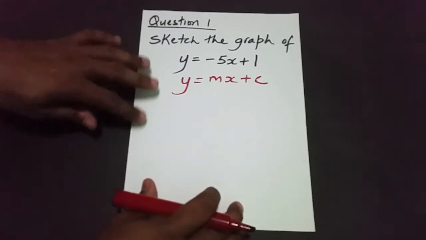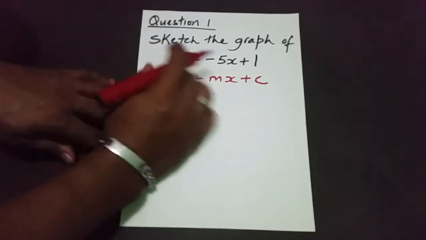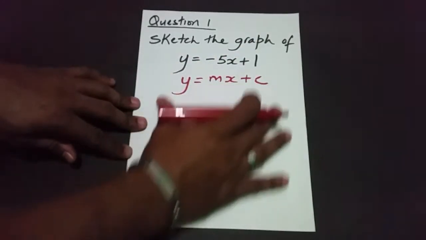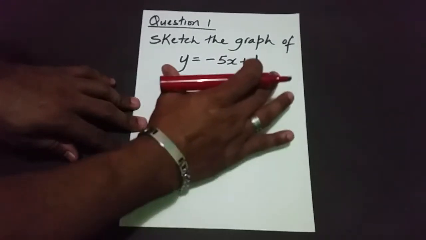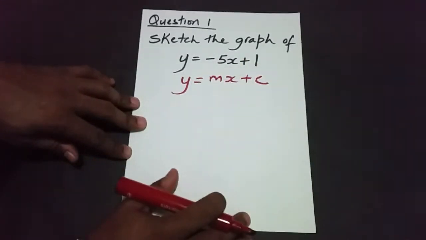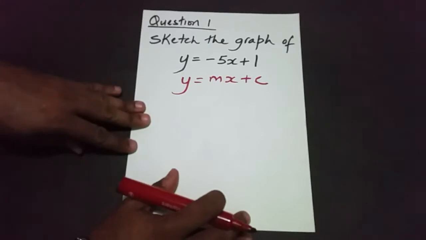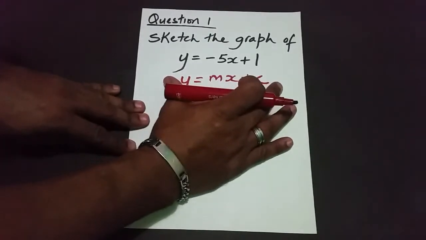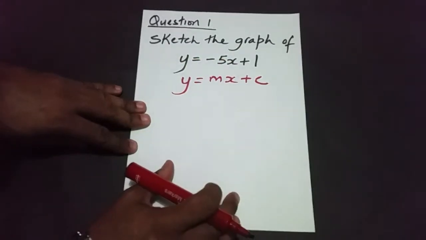So in this first method, we want to check to see if the equation is in the form y equals mx plus c. Always check to see if the equation is in the form y equals mx plus c. If it is not, you can rearrange. You can clearly see that this equation is in the general form.